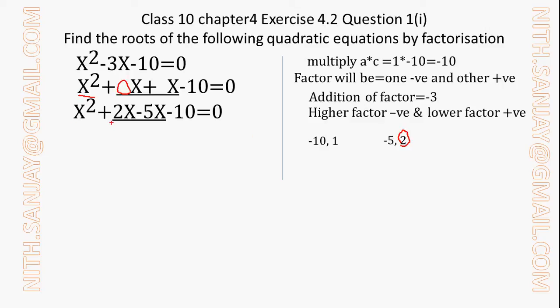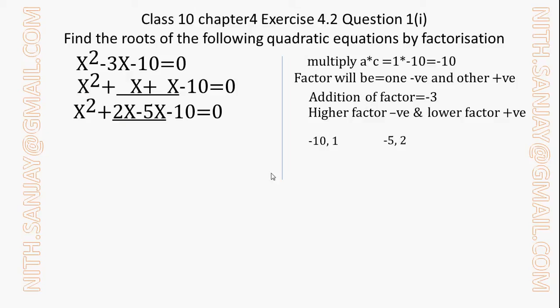Another factor is negative 5, so I have put minus 5 into x, then minus 10 was already there, so this is minus 10 is equal to 0. Got it?